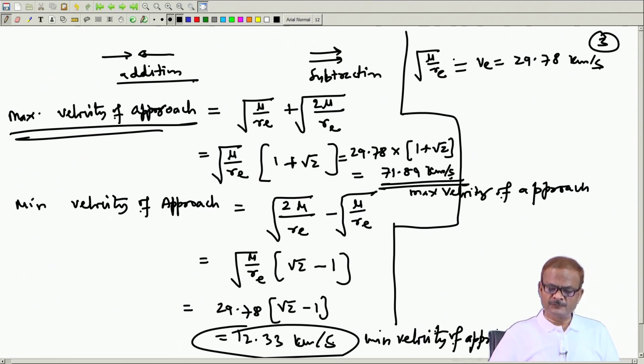So, you can see that using this simple principle what we have developed, we can work out things which are of immense importance, and many times you might have heard that NASA has predicted that this meteor is moving toward the earth, or some asteroid is moving toward the earth, and if it impacts, the whole earth will get destroyed.